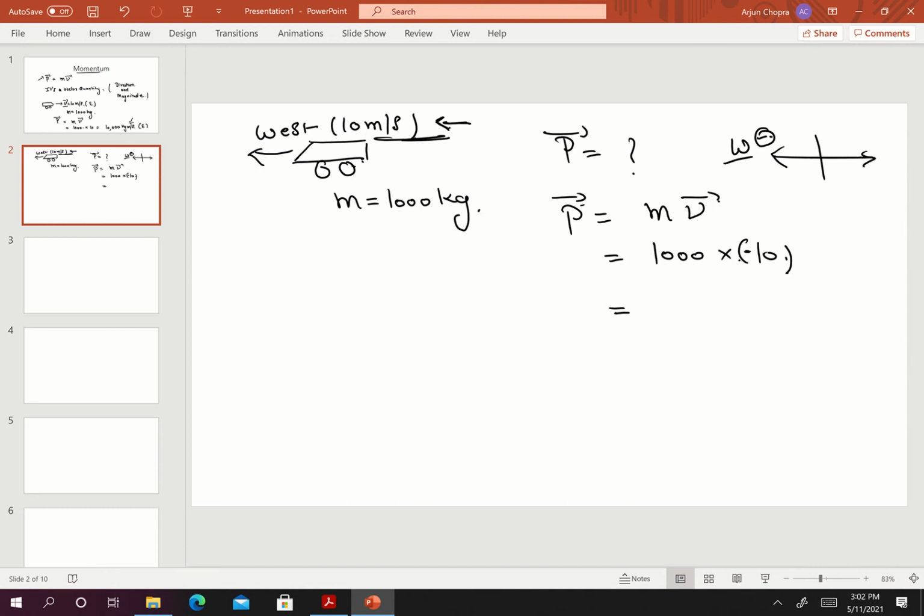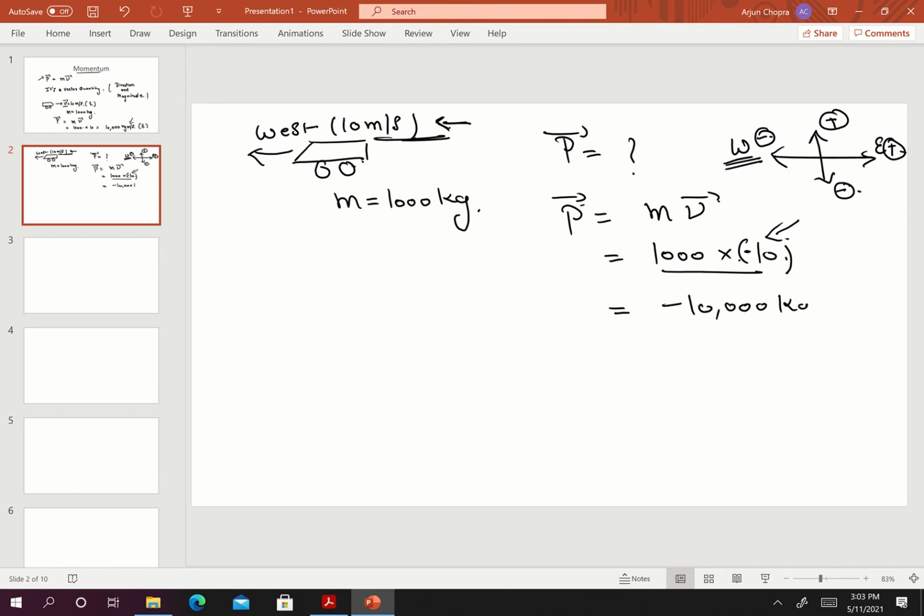When the object is moving in east direction, we consider it as positive. If an object is moving in the north direction, we consider it as positive. In south direction, it is considered as negative. So right now the car is moving in the west direction, so that's why I've considered the sign convention as negative here. And then 1000 times 10, it will be negative 10,000.